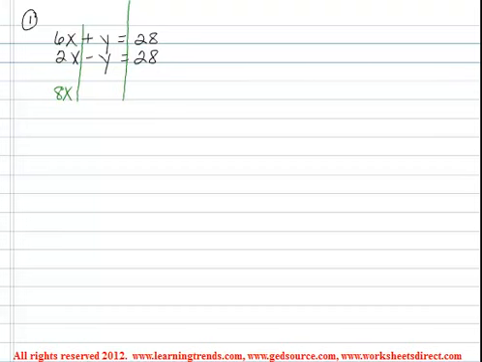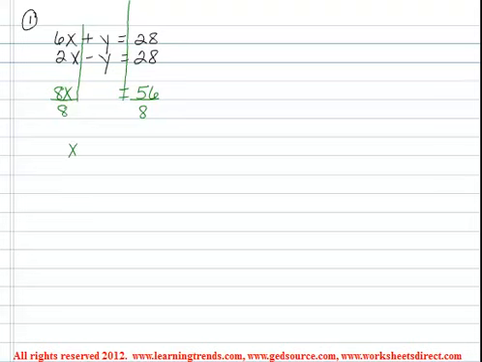And our plus y minus y gives us 0, so we don't need to write that down. But we'll add our 28s, and that gives us 56. So 8x equals 56. Let's divide each side by 8. And 56 divided by 8 is 7.